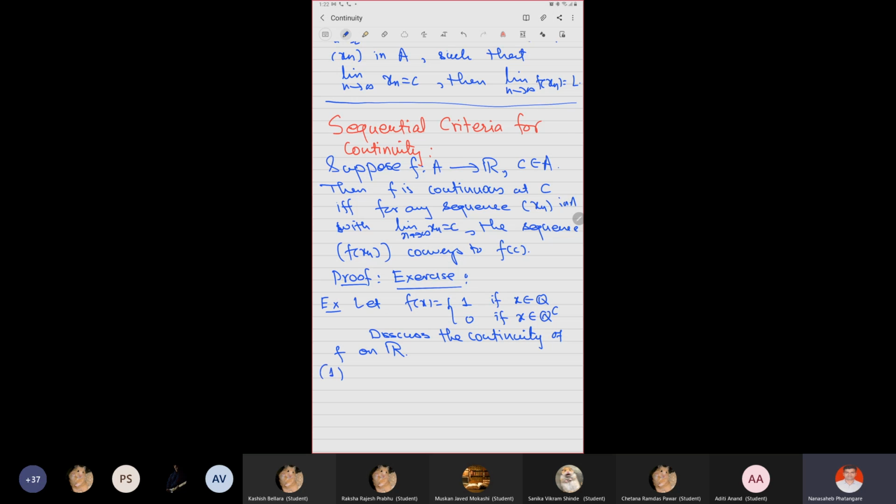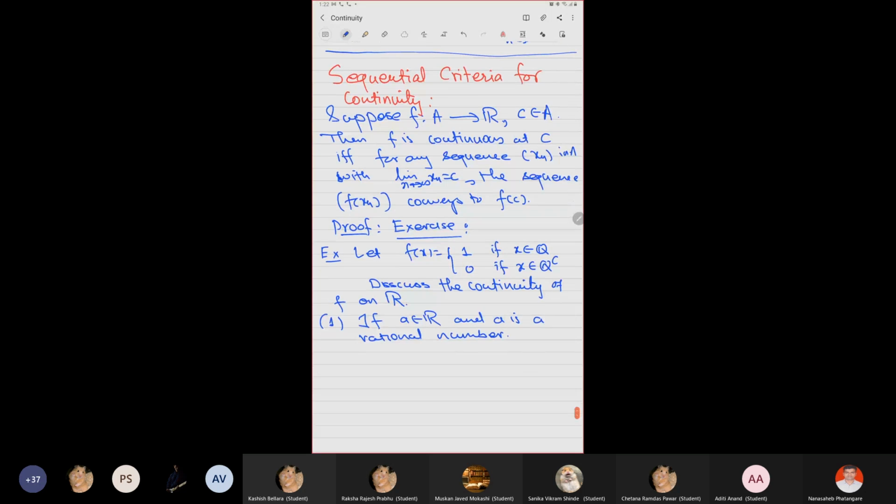So first case, if a belongs to R and a is a rational number, right? Then the question is, is a a cluster point of the domain of this function?